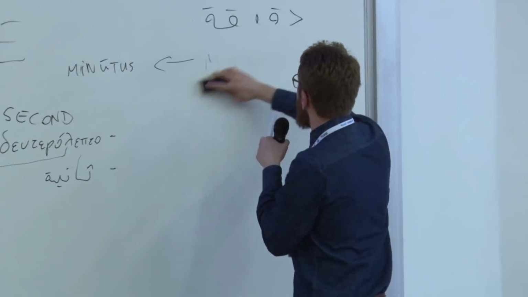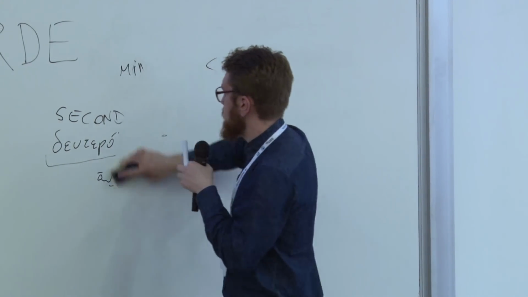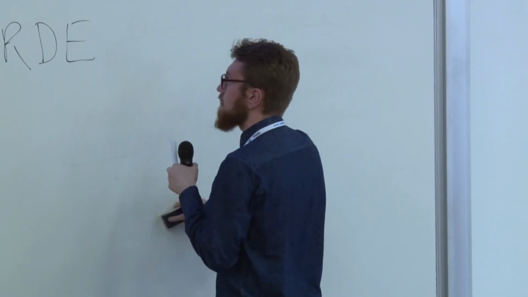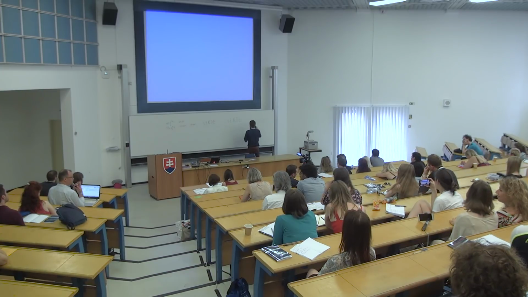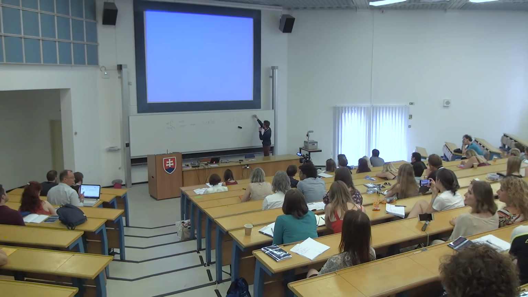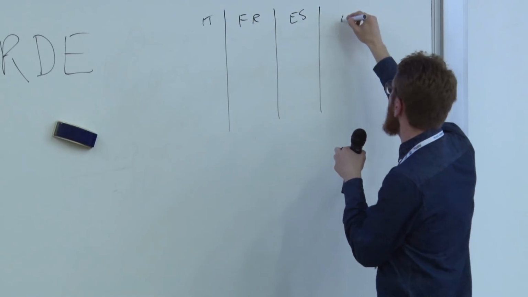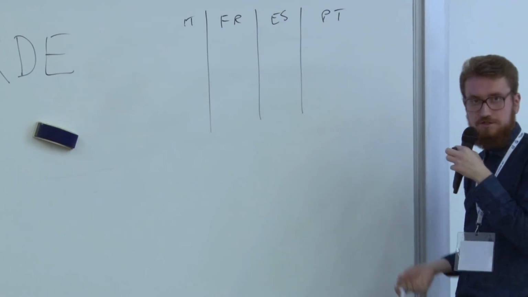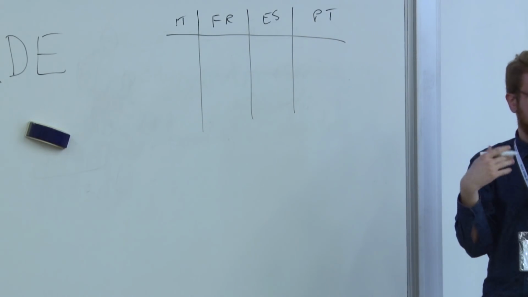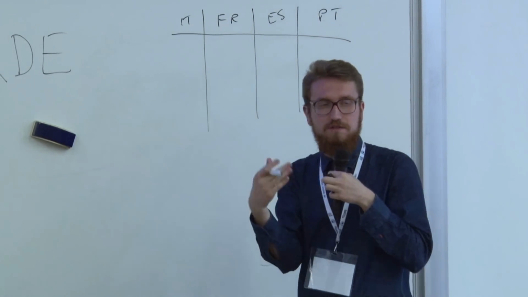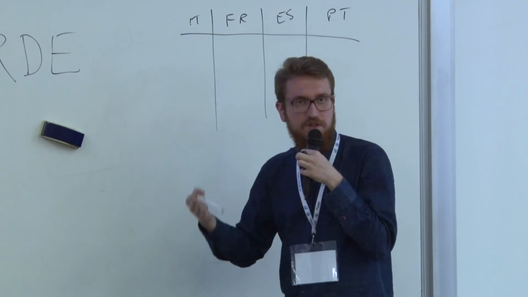So right now, I will give you an exercise based on Romance languages: Italian, French, Spanish, Portuguese. And please, if you want to guess, only people who don't know the language should guess.